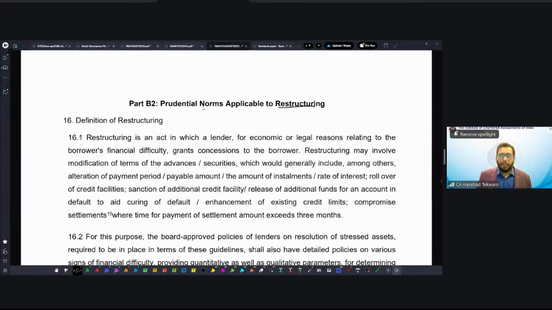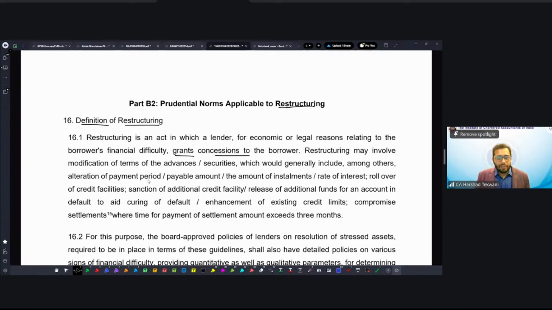First of all, the prudential norms that we are talking about have provided the definition of restructuring, what it actually means. As per the definition, it is an act by which a lender, for economic reasons, and it could be because of the borrower's financial difficulty, grants concessions to the borrower.